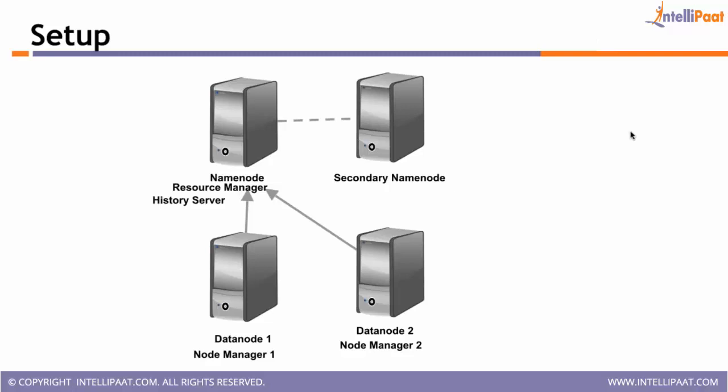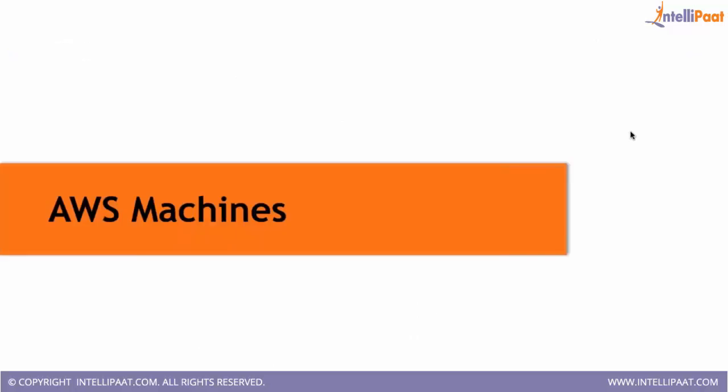On the second machine we will install the secondary name node, which is used for name node HA. On the third machine we will install the data node and node manager services. On the fourth machine we will also install data node and node manager. So the third and fourth machines will be your data nodes, and the first machine will be your name node. It will be a 3 node cluster, and there will be a secondary name node which is required for name node HA. Let us go ahead.